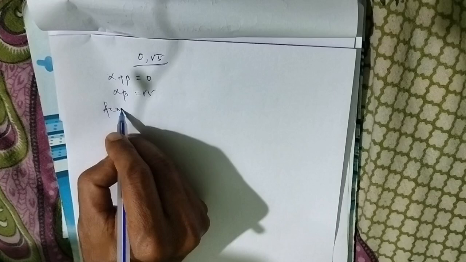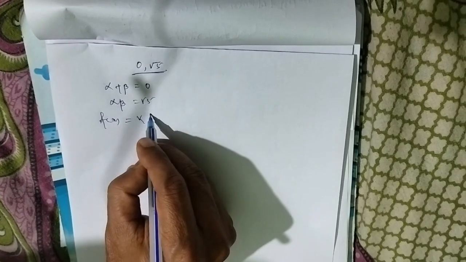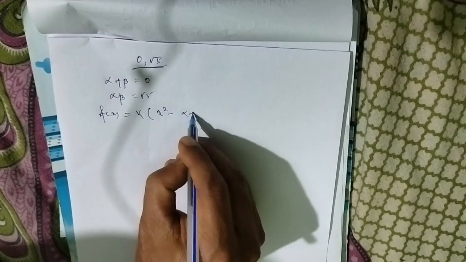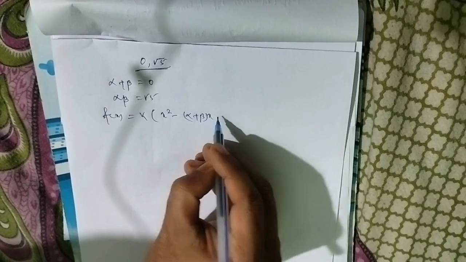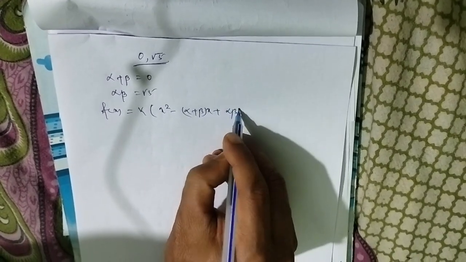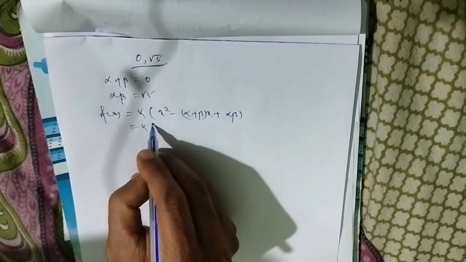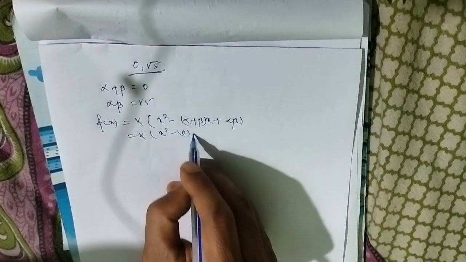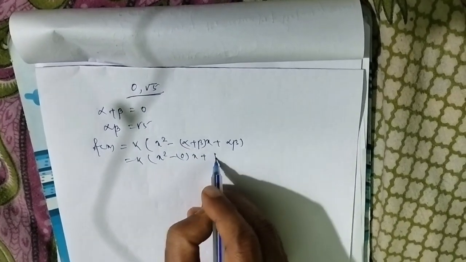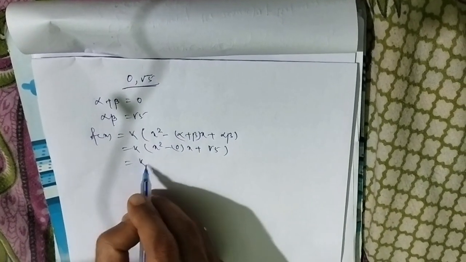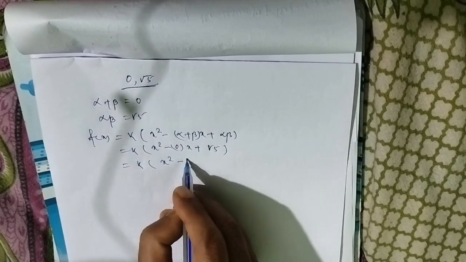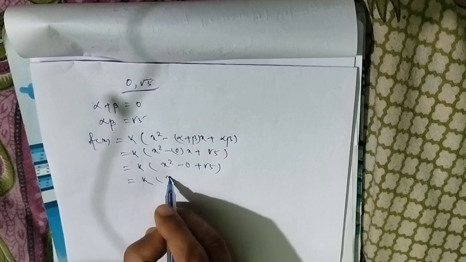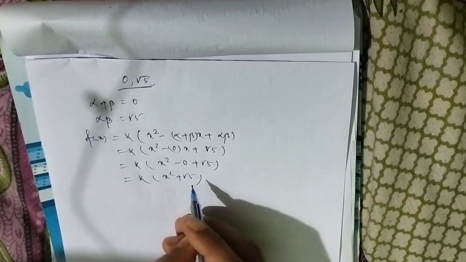So we make the equation k into x square minus (alpha plus beta) whole into x plus alpha beta, is equal to k into x square minus 0 into x plus root 5, is equal to k into x square plus root 5.